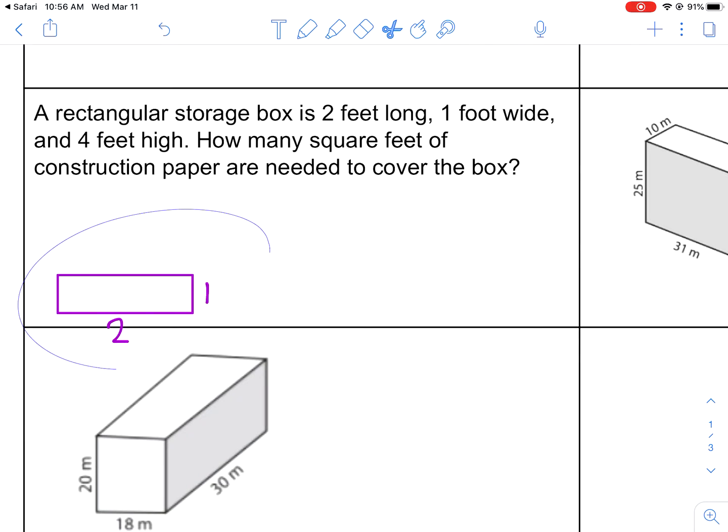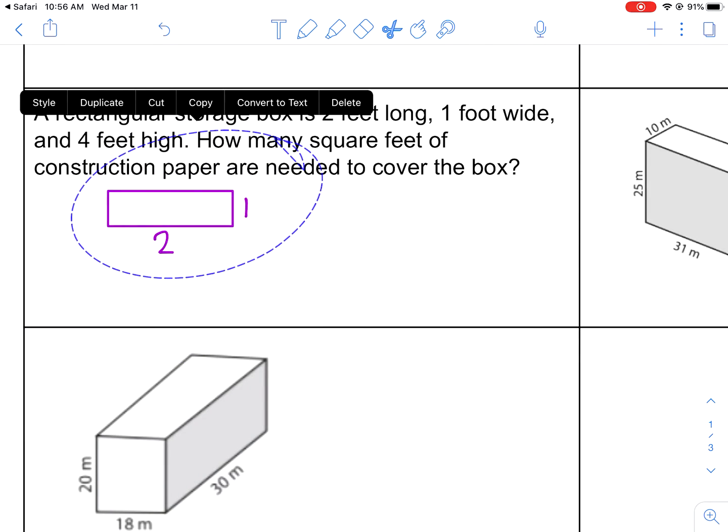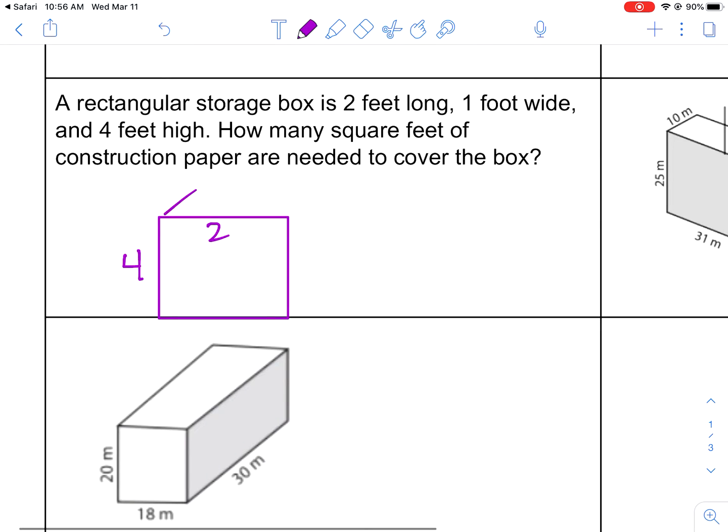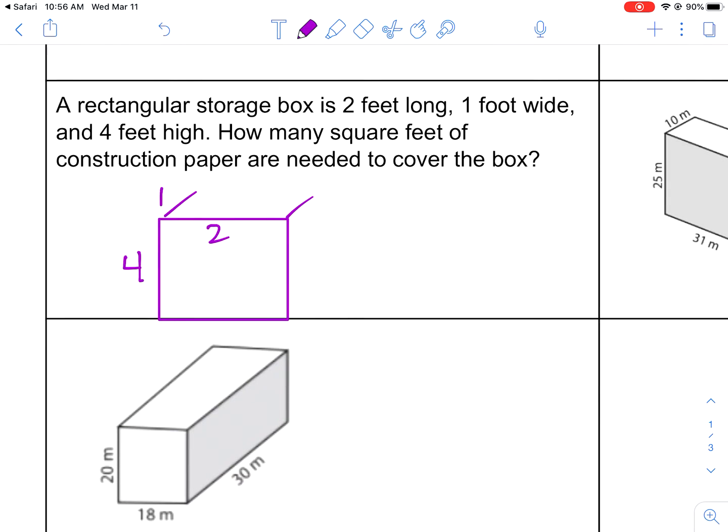When I draw three-dimensional figures, I have to give it some dimension. I'm going to start again. I'm going to draw my height of 4 with my 2 feet long, and then I'm going to angle this part with the 1 back.